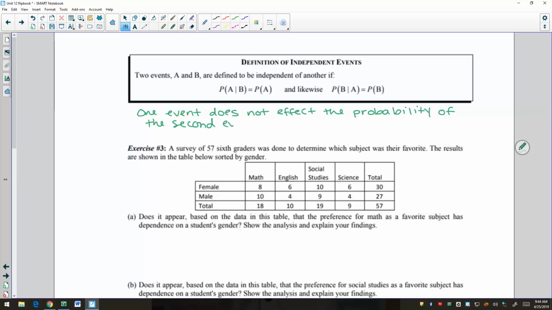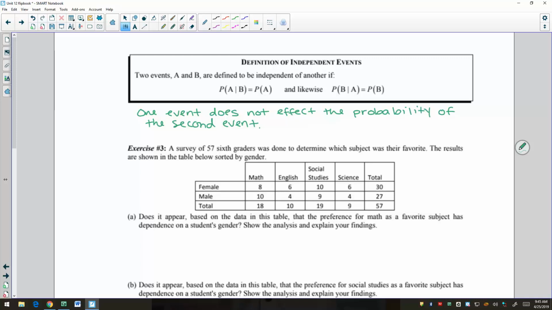So independent, they don't depend on each other. It's the opposite of depending. If they were dependent, then the probability of one event will depend on what happened in the other.